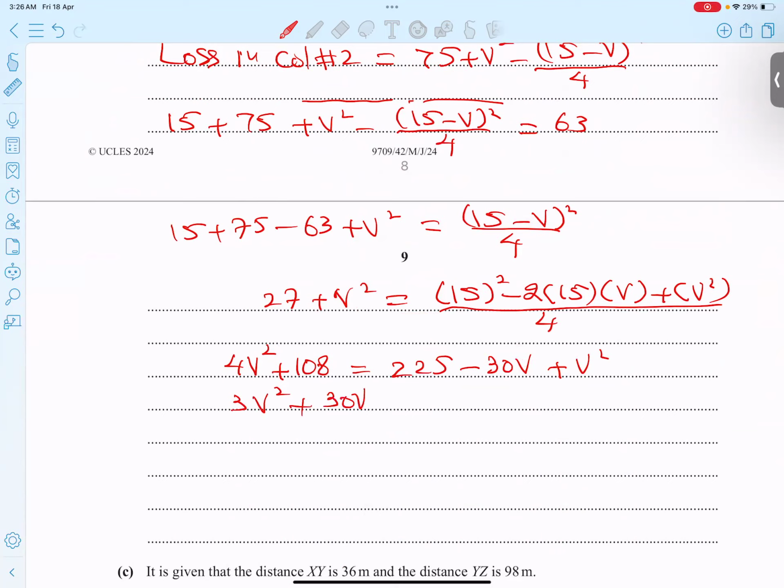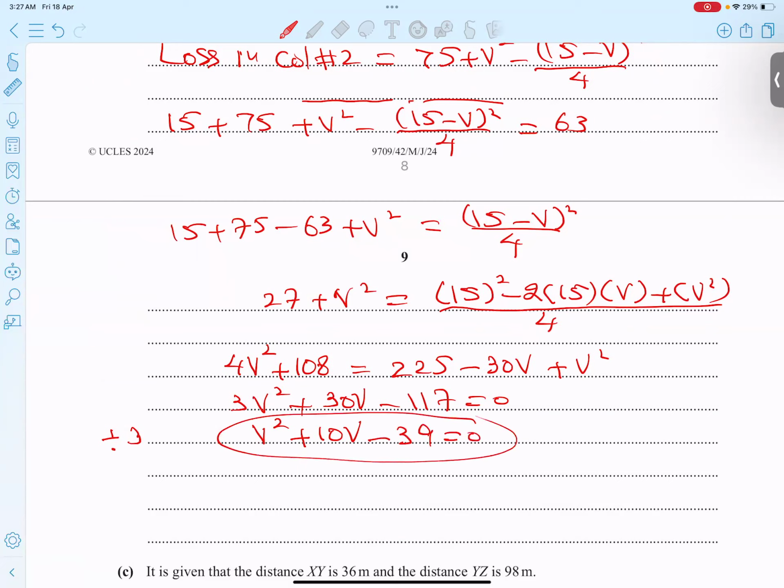And from 225, subtract 108, we get negative 117 equal to 0. So we divide by 3. I got v squared, I got 10, and when I divide by 3, I got 39. So you can go for factorization or quadratic formula. 13 times 3 is 39. If I subtract them, I get 10.